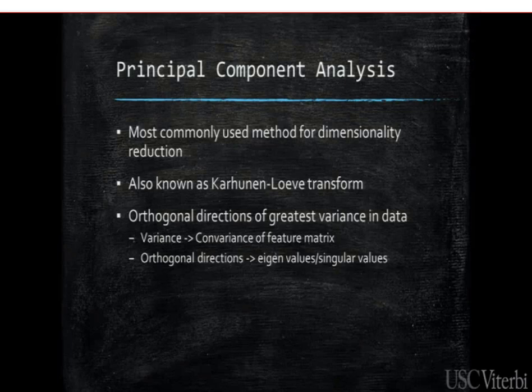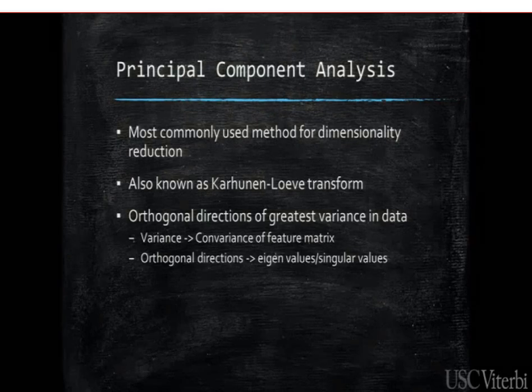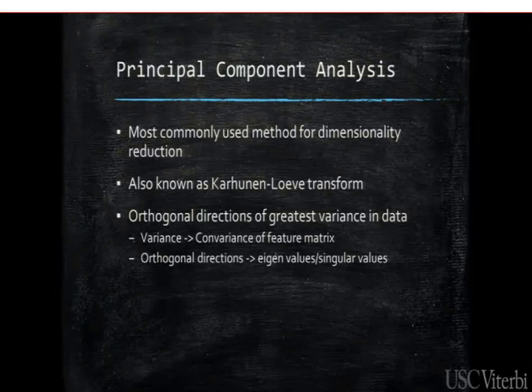That is the first requirement. Second, the direction of your basis is such that the variance is maximized between different features. Now, what do we achieve by making the variance maximum between different feature dimensions, and what do we achieve by making something orthogonal?